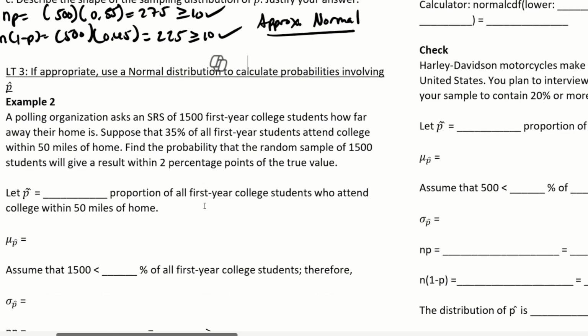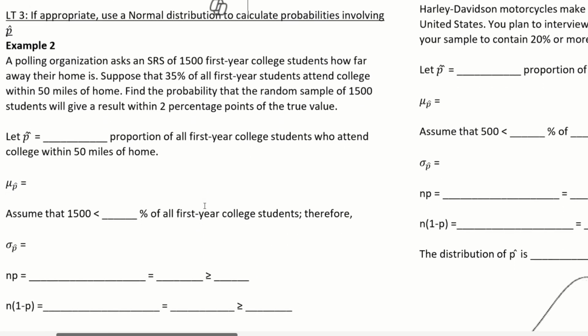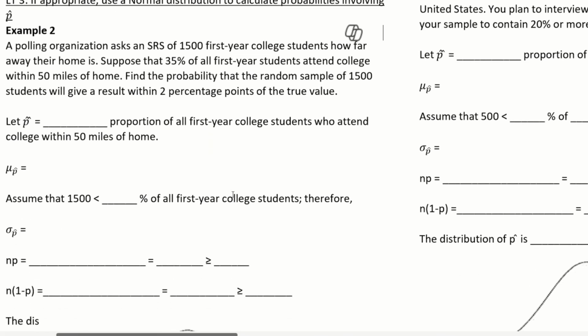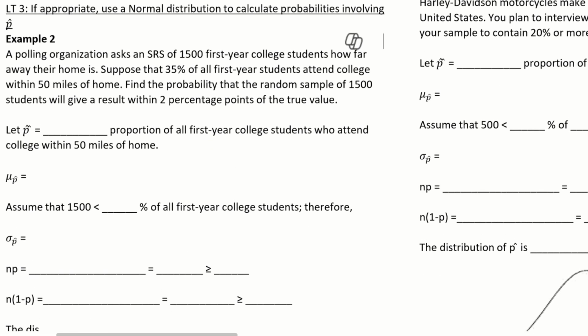So let's look at learning target 3. If appropriate, use a normal distribution to calculate the probabilities involving p-hat. Okay, so this is why we try to determine if it's approximately normal, so that we can do learning target 3. All right, so a polling organization asked a simple random sample of 1,500 first-year college students how far away their home is.